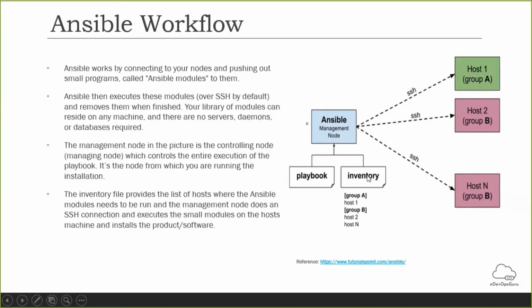The inventory, basically the host file, contains all the slave node details, IP address, name, all those. And the playbook contains the basic commands we need to execute, or the instructions by following which the software or product can be installed into your slave nodes.